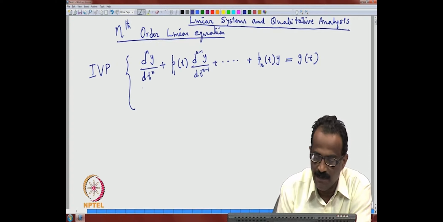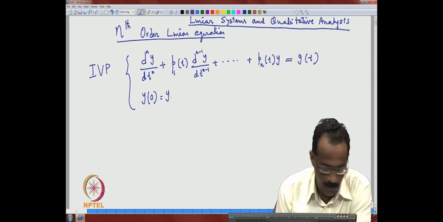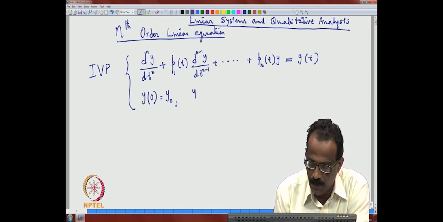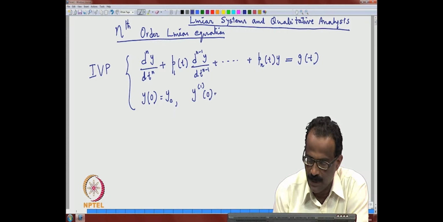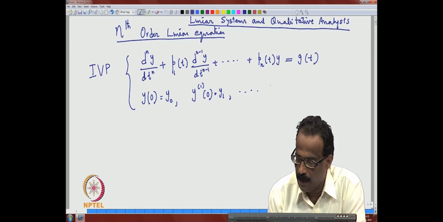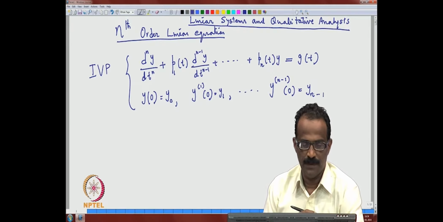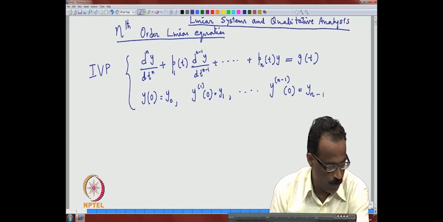For an initial value problem you need n conditions, for example y(0) equal to y0, y'(0) equal to y1, etc., up to y^(n-1)(0), n conditions in all. That is an initial value problem.